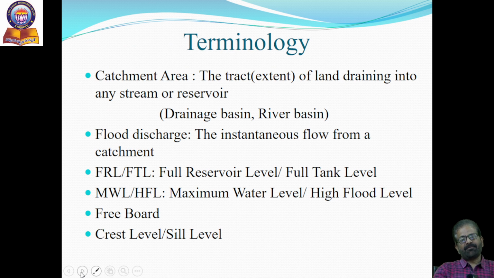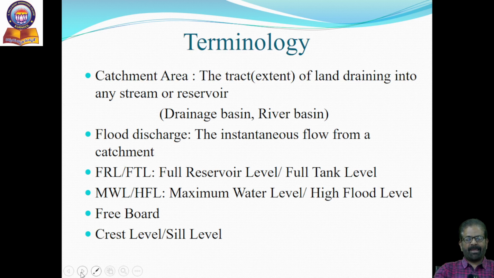So as part of the introduction, before going to take up the design of all structures, we should know the terminology related to hydraulic structures or hydrology. Now first of all, catchment area. This is one of the common terms we are using in water resources engineering. The catchment area can be defined like this: the tract or the extent of land draining into any stream or a reservoir.